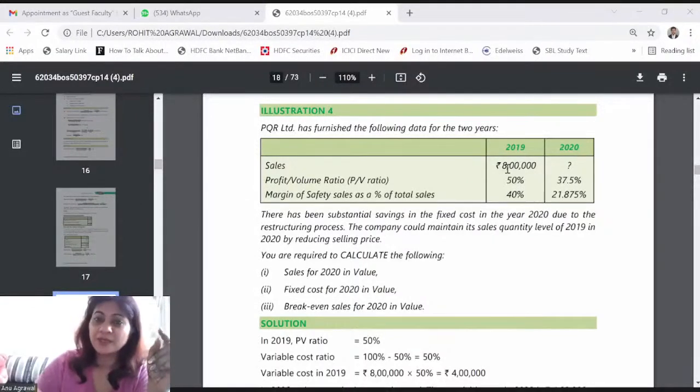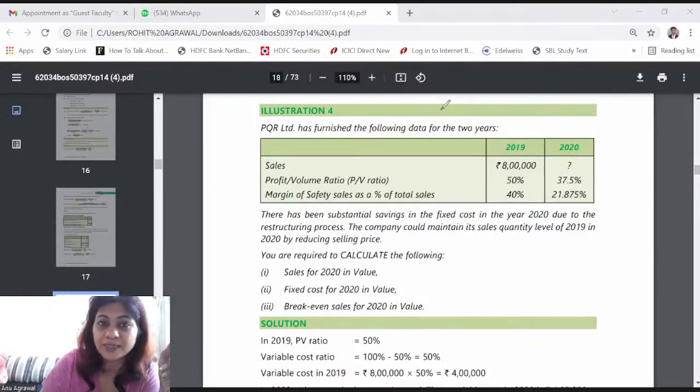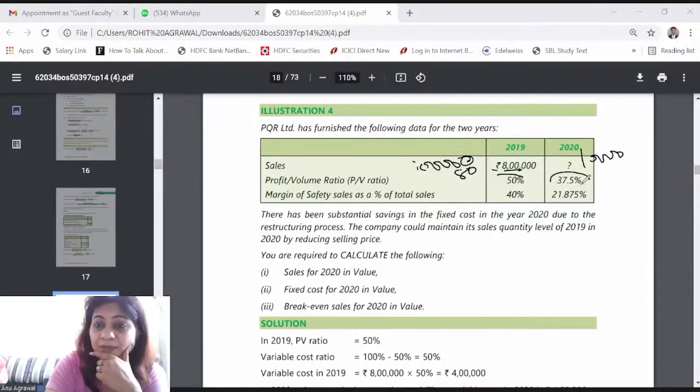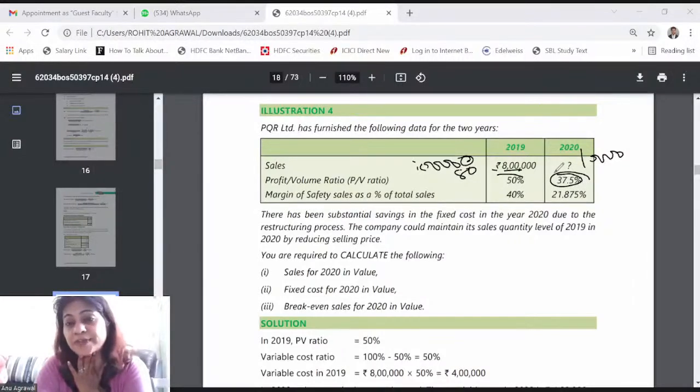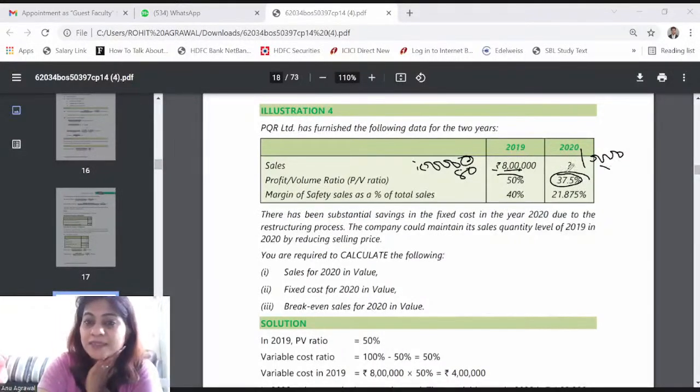If earlier you were selling 10,000 units, for example, and the selling price was 80 rupees, I was making 8 lakhs of sales. But here, if the quantity is still 10,000, but if the PVR ratio has fallen by 37.5%, that means definitely your sale price is reduced.